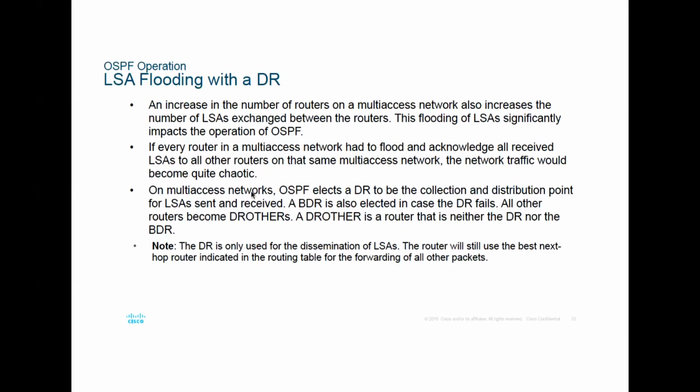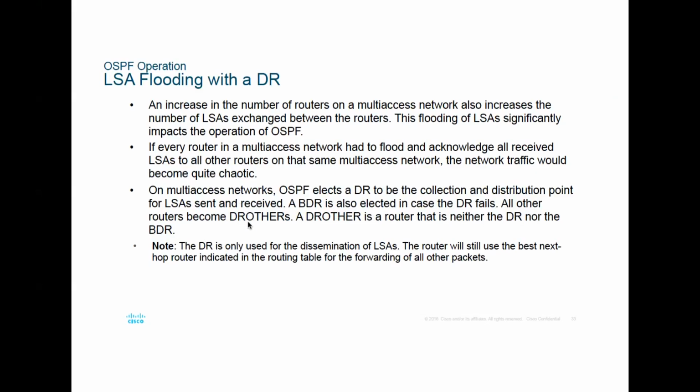On a multi-access network, OSPF elects a DR to be the collection and distribution point for LSAs sent and received. A BDR is also elected in case the DR fails. All other routers become DROthers. A DROther is a router that is neither the DR nor the BDR.